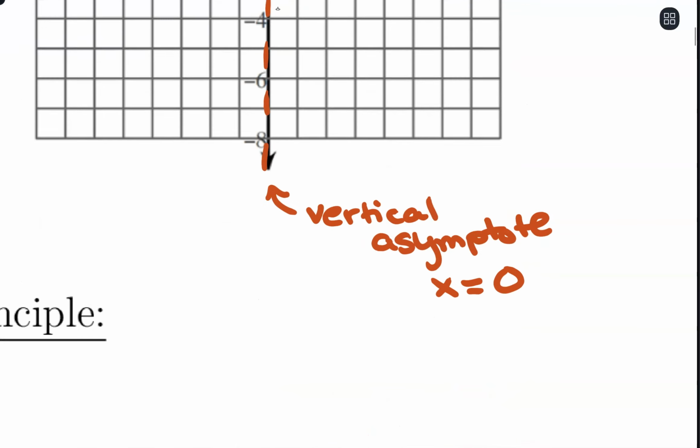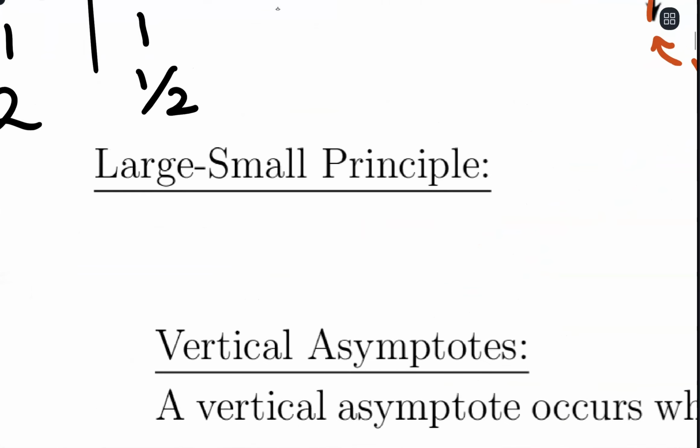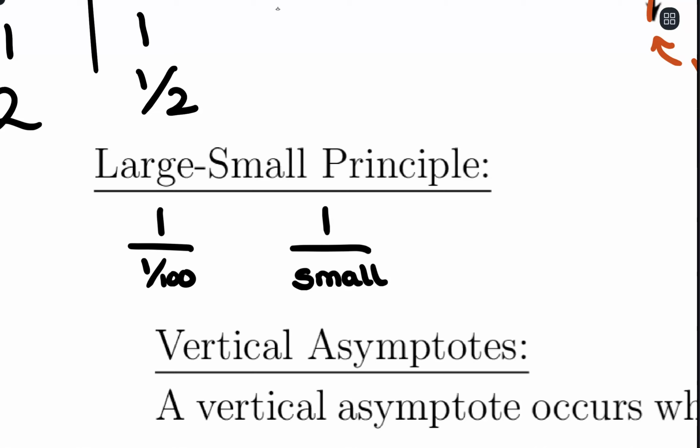This connects to what I put down below with this large-small principle. It comes from the fact that we're taking 1 divided by something super small in the denominator, like 1/100th or 1/10th. So plugging in a teeny tiny fraction into that denominator, let me write that out as 1 over 1/100.